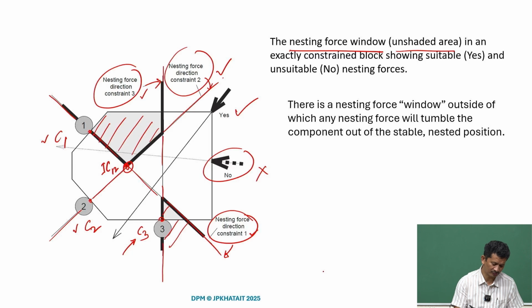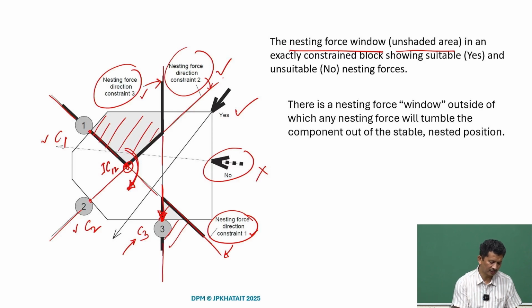So how is it possible? One of the ways: if you apply this clockwise moment at IC 1, 2, we realize that it presses against contact C3. So this is what is desired.